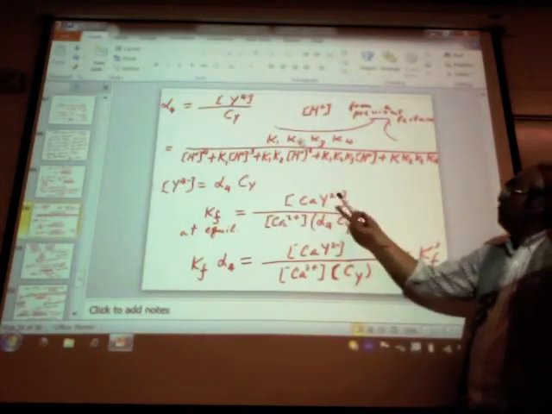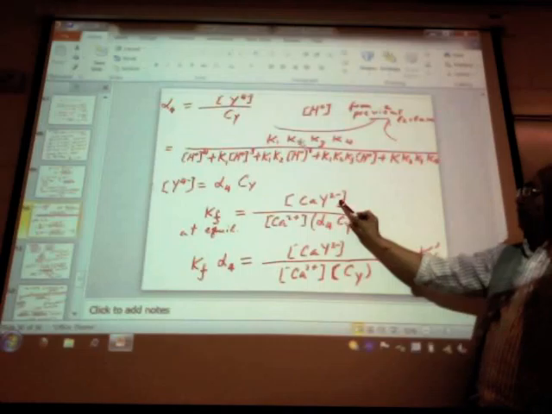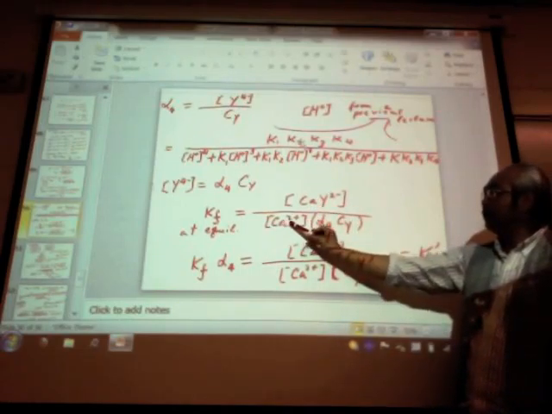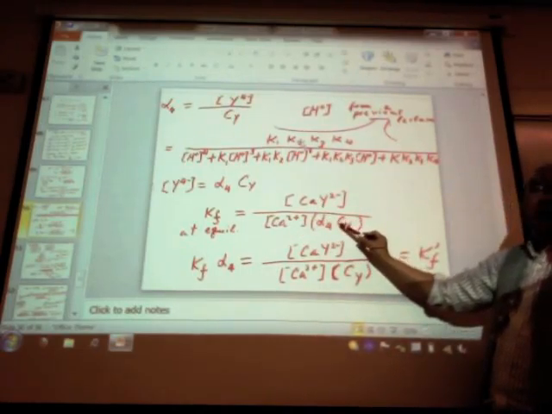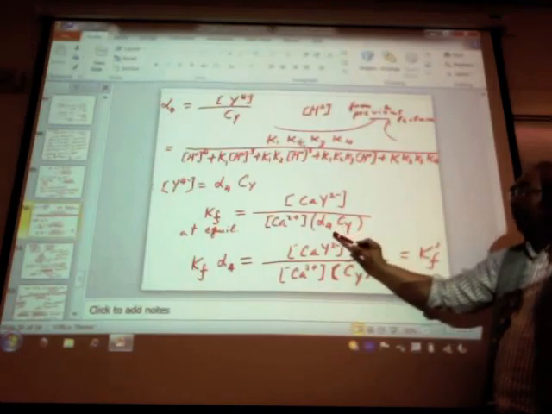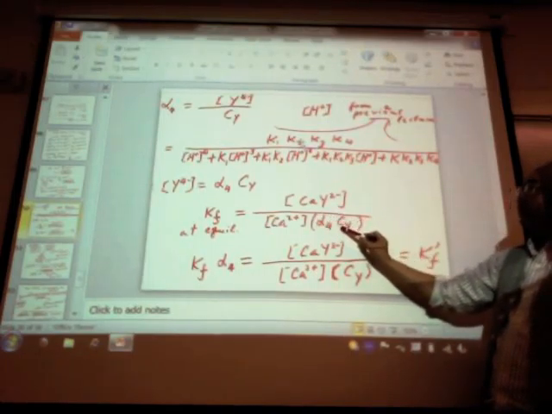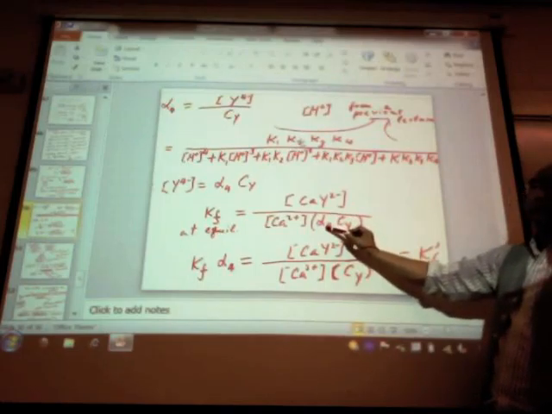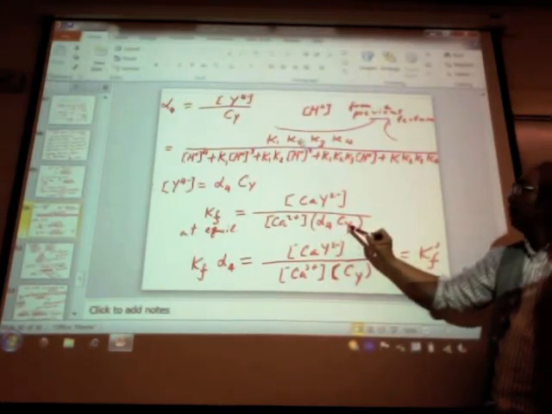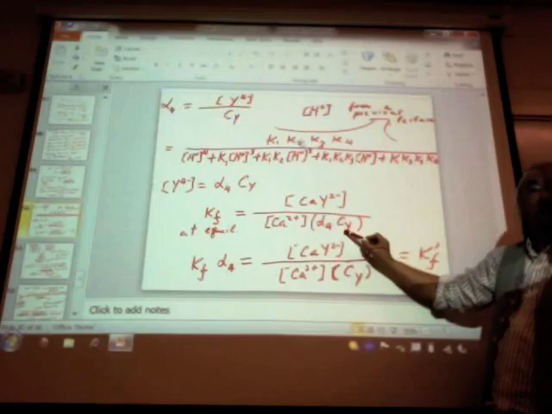So the usual definition is, right, the complex over calcium 2 plus over Y4 minus. So instead of writing Y4 minus, we write the equivalent of alpha 4 multiplied by CY, okay?